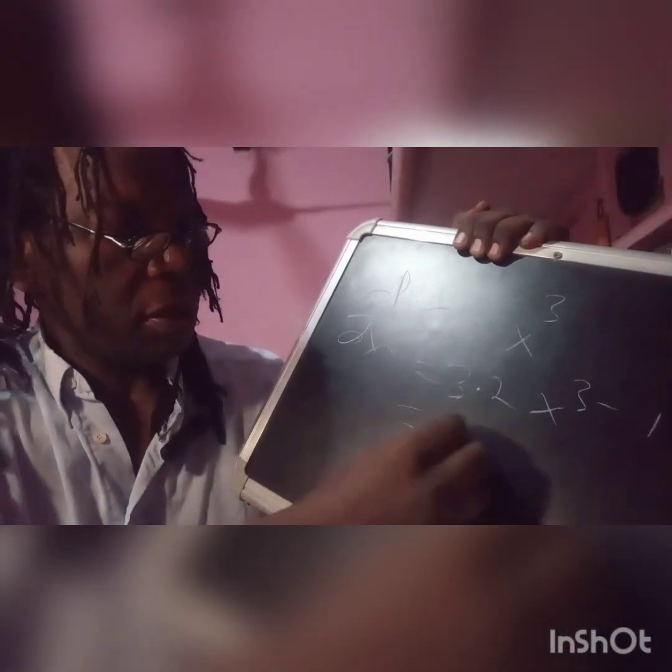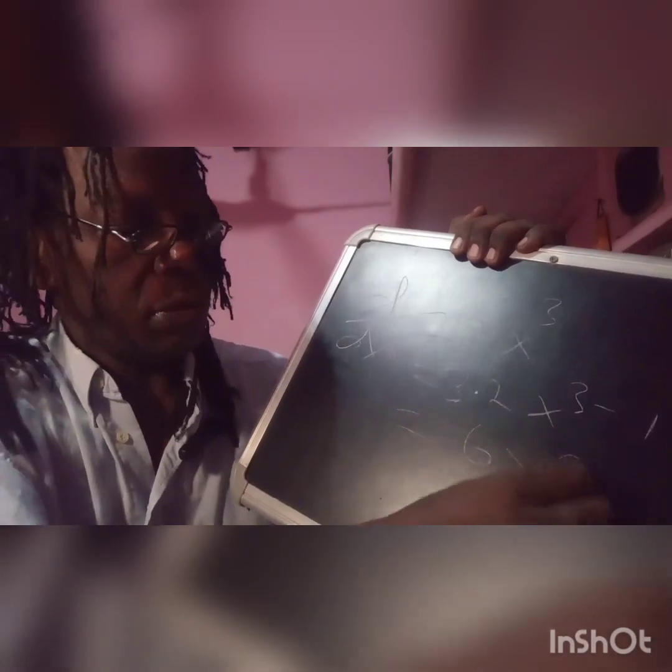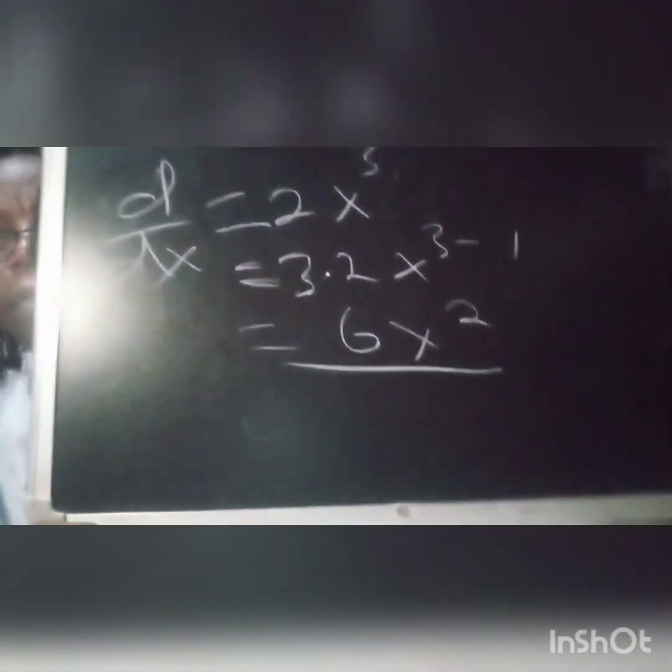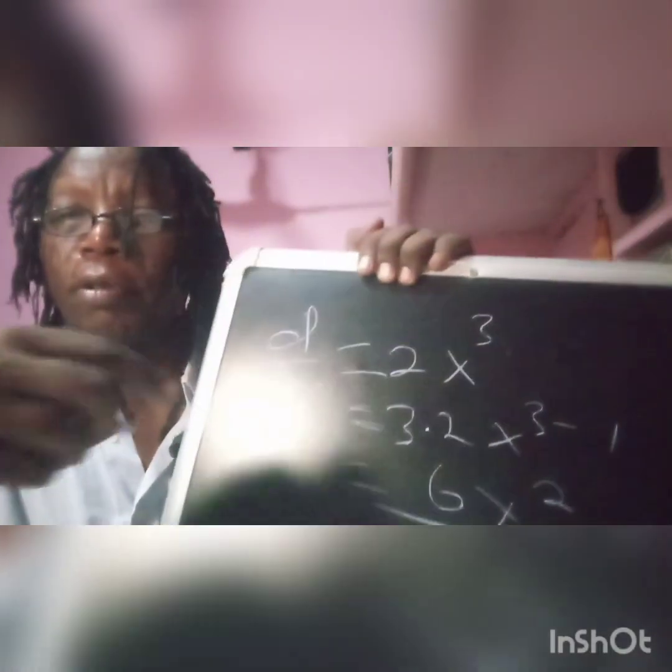Then this will be 6x². This is the solution. You can give yourself practice, just following the formula. You can put in any value of n and then calculate. That's how the power rule works. It's so simple, nothing complicated. I'll continue this series in the next episode. For those who love maths, we're going to give you something good.